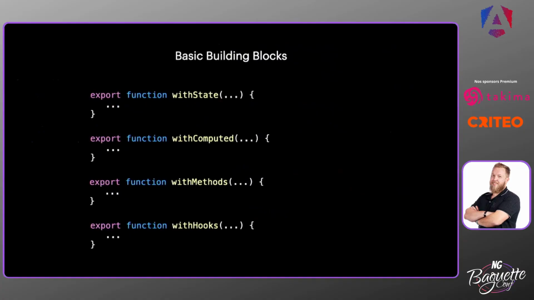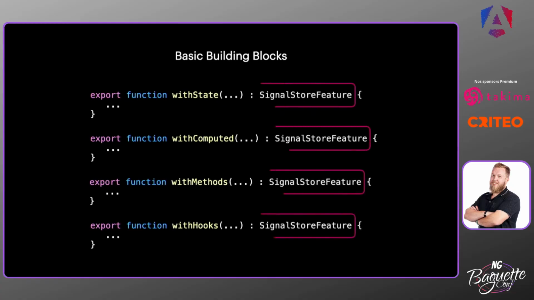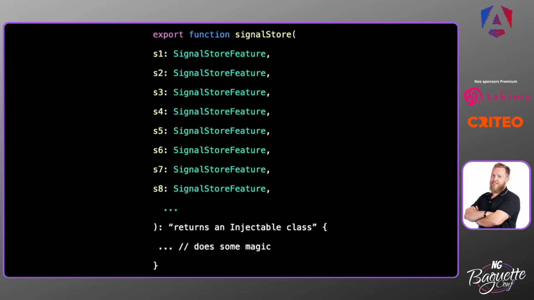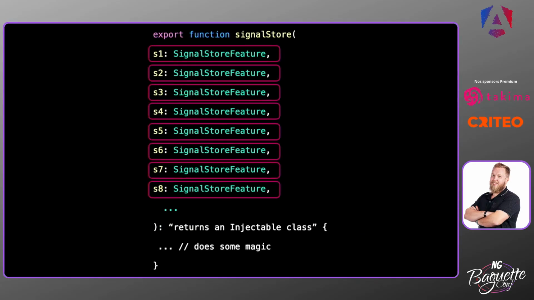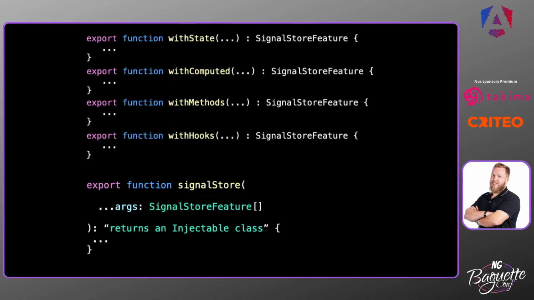So one of the cool things about these basic building blocks is all of them return the same type. They're basically returning a SignalStore feature, right? All our building blocks. And in fact, the entire SignalStore is nothing more than a collection of these basic building blocks. It takes all of them in, and then returns an injectable class. Here you go.